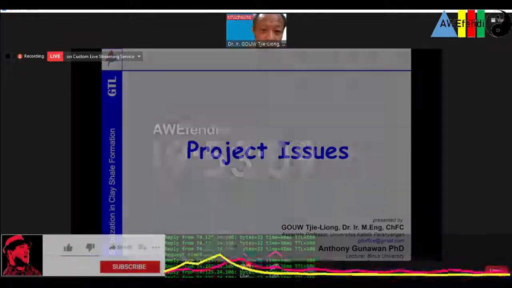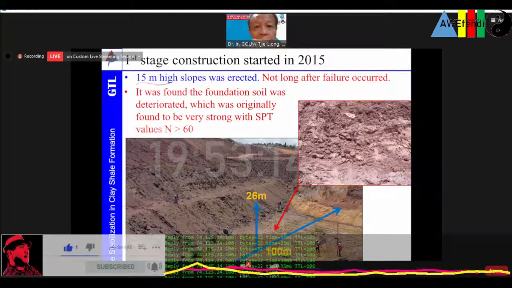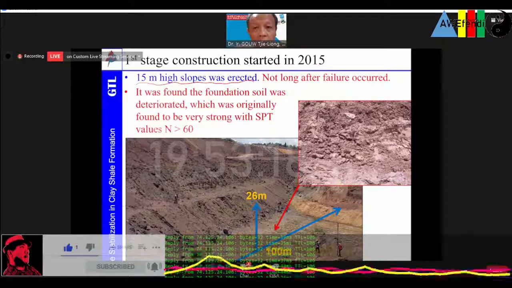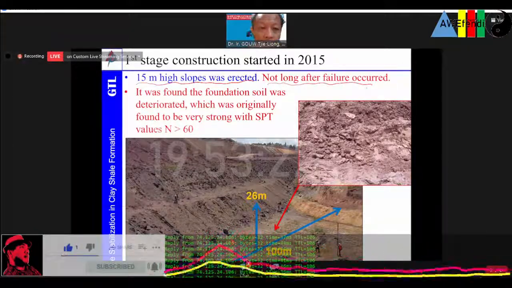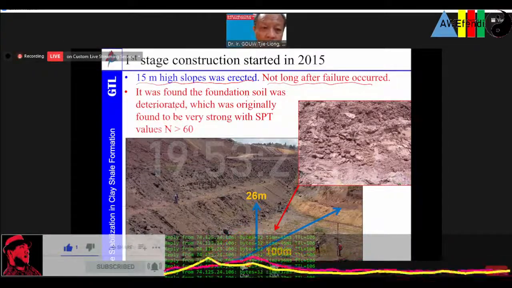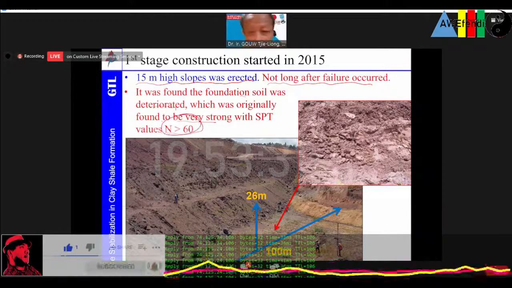So what are the project issues? The first slope is a 15-meter high slope erected by open cut. Not long after, failure occurred. It was found that the foundation soil was deteriorated, which was originally to be an SPT value of 60.